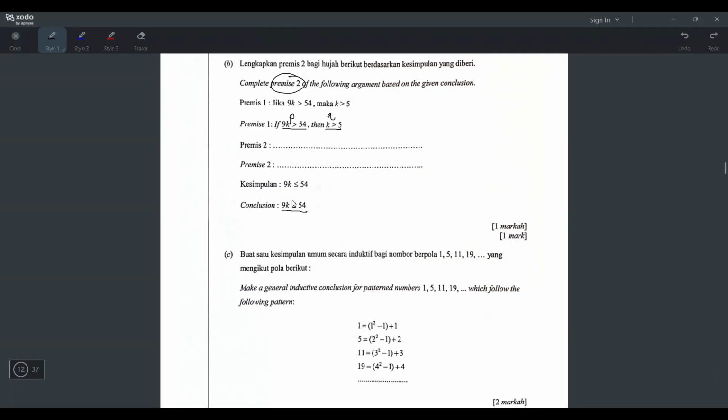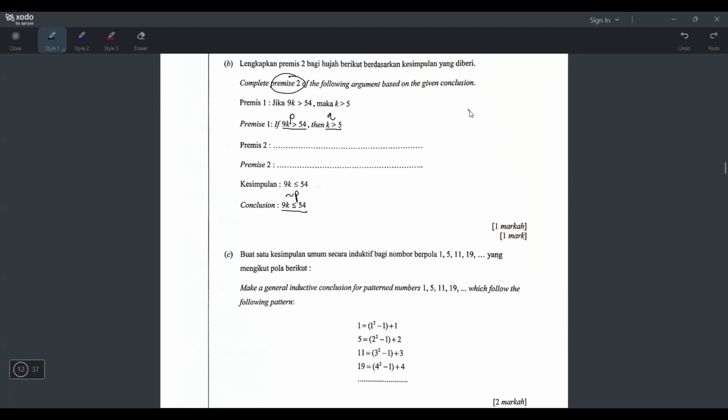You can clearly see that this is P, but it's not P actually, it's not P. It means it's P after doing negation, because P is 9K bigger than 54, but this one is 9K smaller or equals 54.